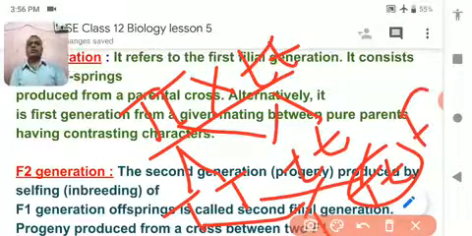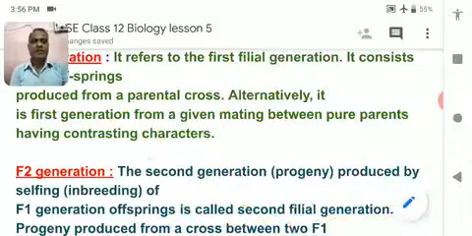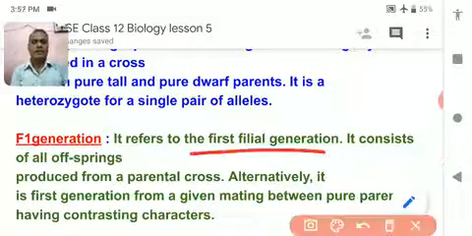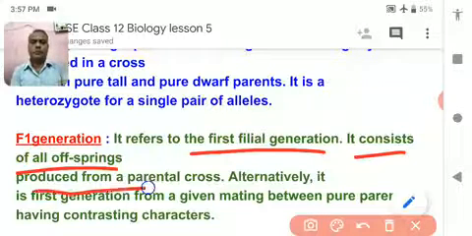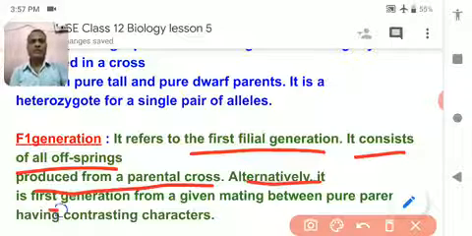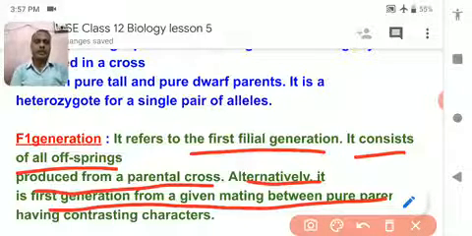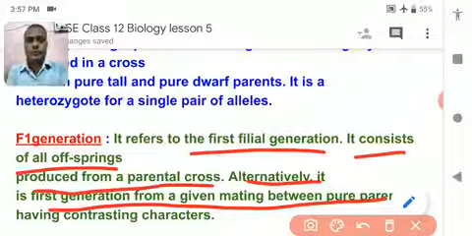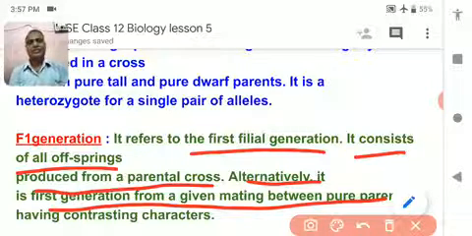F1 generation refers to the first filial generation. It consists of all the offspring produced from the parental cross. Alternatively, it is the first generation from the mating between pure lines. When two pure lines are crossed together, the offspring produced after the mating are called the F1 generation or first filial generation.